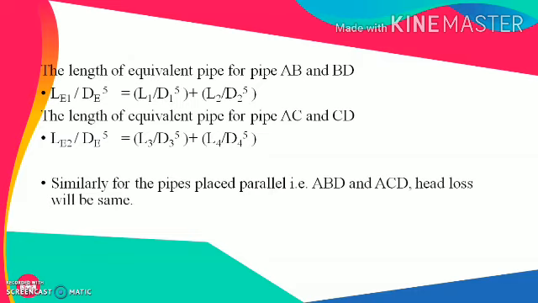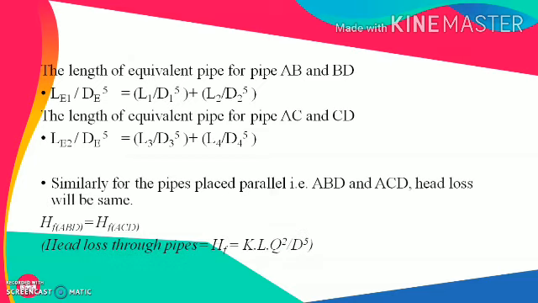So now when pipes are placed in parallel like ABD and ACD, the head loss will be the same. It means that the total head loss caused by the segments AB and BD will be equal to the head loss caused by the segments AC and CD. So we can write it numerically as HFABD equals HFACD.